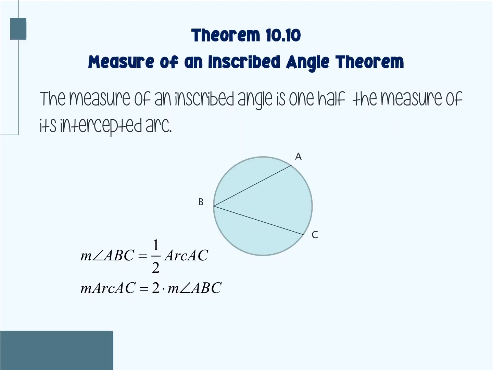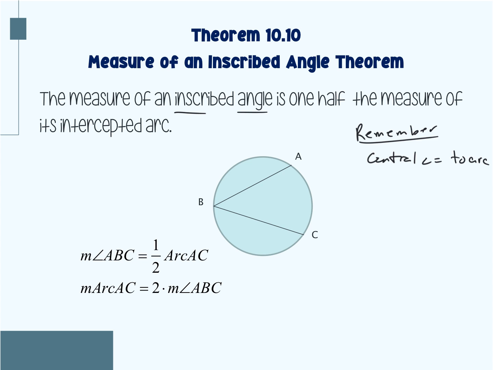Now we have theorem 10.10, which is the measure of an inscribed angle theorem. So the measure of an inscribed angle is 1/2 the measure of its intercepted arc. So remember, I'm just going to write it again. The central angle is equal to the arc, while the inscribed angle is half.